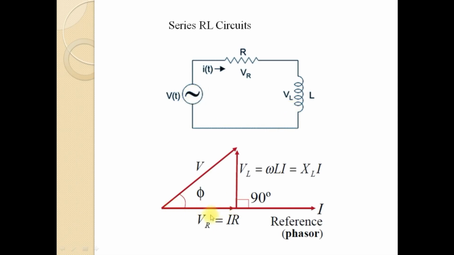So in phasor form, the drop across the resistor plus the drop across the inductor will give the total applied voltage. But the only difference is that here all the drops are to be considered as phasors, and these two drops VR and VL are to be added vectorially.